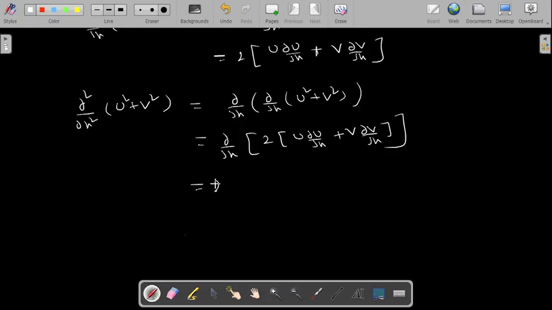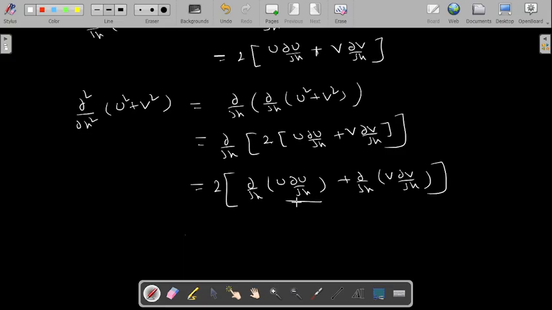So now, with the 2 outside, we take ∂/∂x of u ∂u/∂x plus ∂/∂x of v ∂v/∂x. This total function you have to differentiate with respect to x. So it's like the uv rule: (uv)' = uv' + vu'. When you are differentiating, this is u, this is v. Okay, first we will do this.